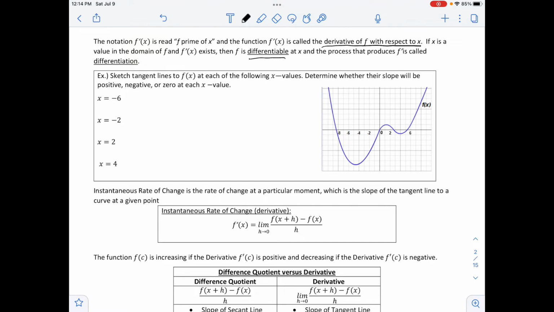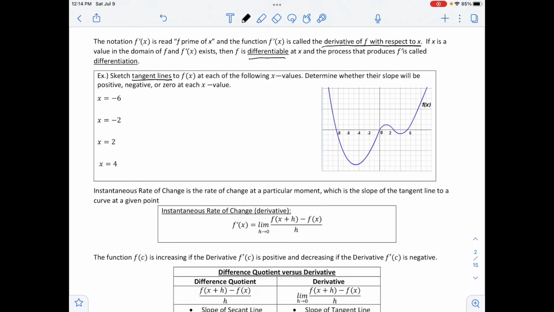We have an example that says sketch tangent lines to f of x at each of the following x values. Determine whether their slope will be positive, negative, or 0 at each x value. Tangent lines, remember, only touch the graph at one point, and that's the x value given to us. The first x value is -6.